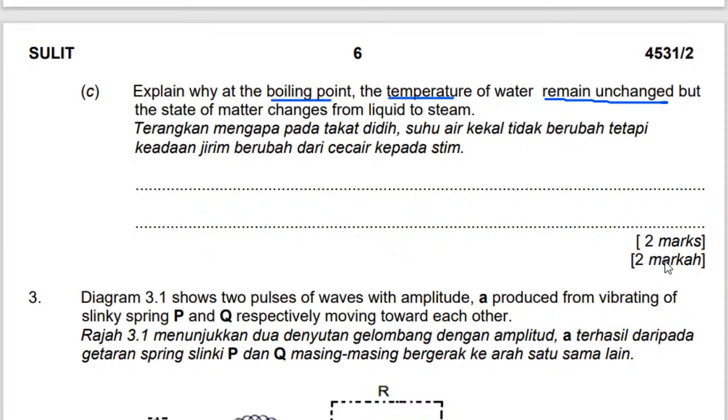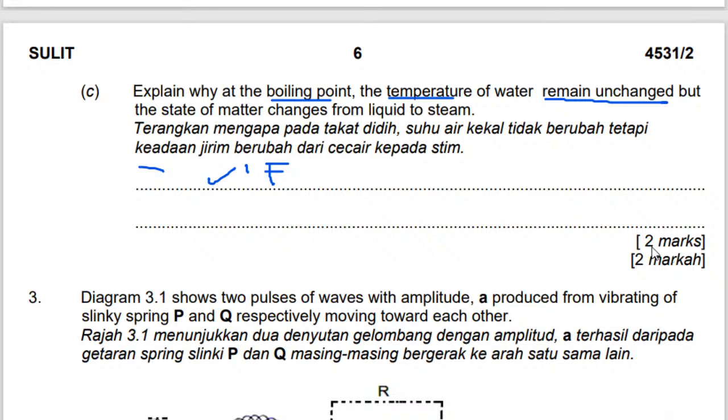Heat absorbed is used to overcome the force of attraction between the particles to change its state from liquid to steam. That is the first mark. Okay, Aurora, that is 1 mark. The first mark is actually talking about the force, so the heat absorbed is to overcome the force of attraction between the molecules.